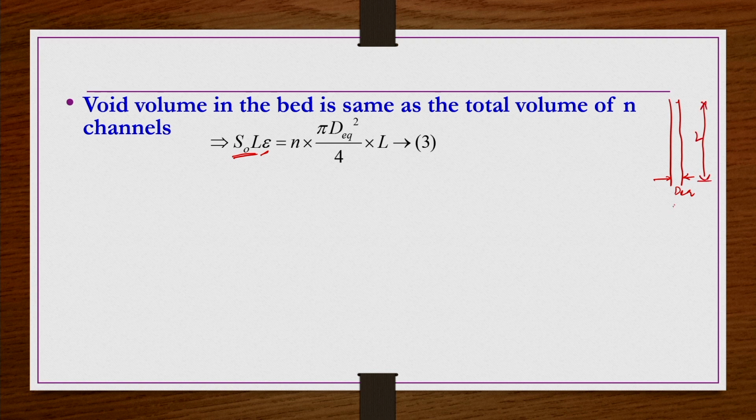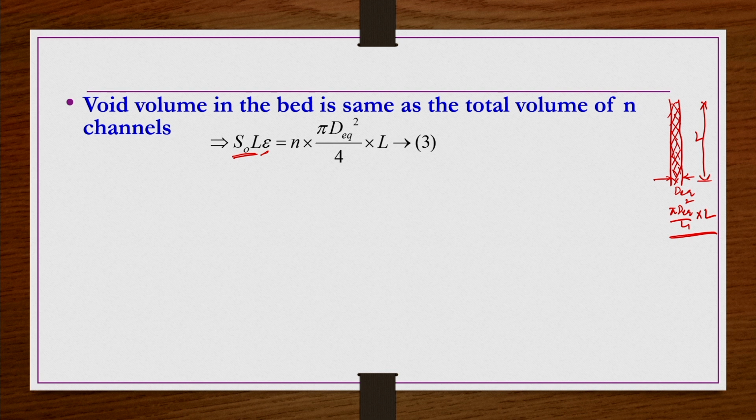The cross section of this capillary is pi d equivalent square by 4, multiplied by L. That is the volume of the capillary available for the flow of fluid. This is the volume of one single channel.